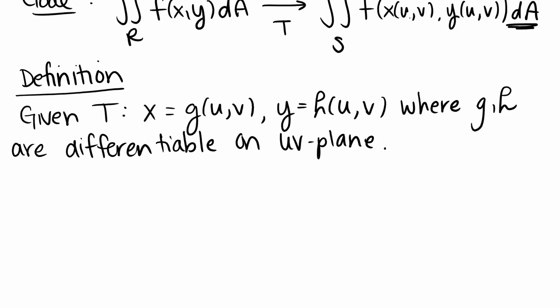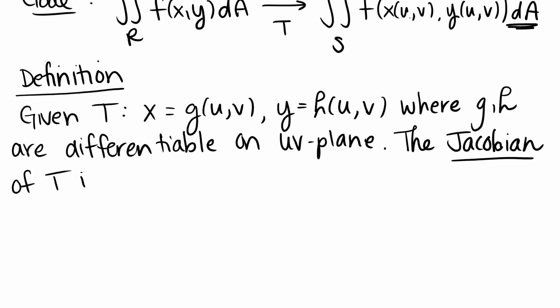Then the Jacobian, we call it, not the Jabberwocky, is named after a mathematician who worked on looking at how to transform things to different axes. So this is the Jacobian of T, of this transformation, and it is given by this.